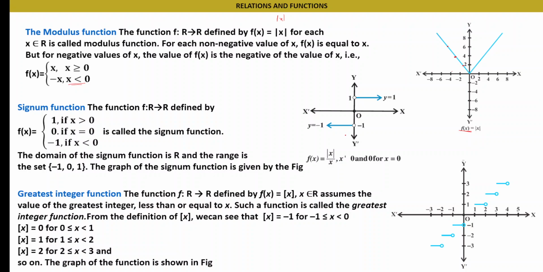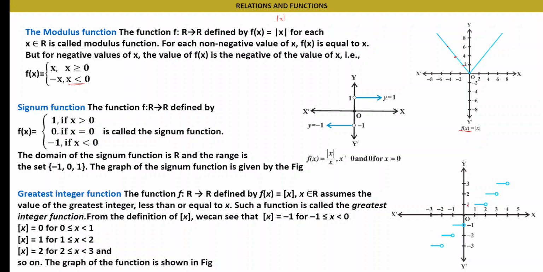From the definition of the greatest integer function, we can see that [x] equals −1 for −1 ≤ x < 0. So for all the values from −1 up to 0, the value will be −1.